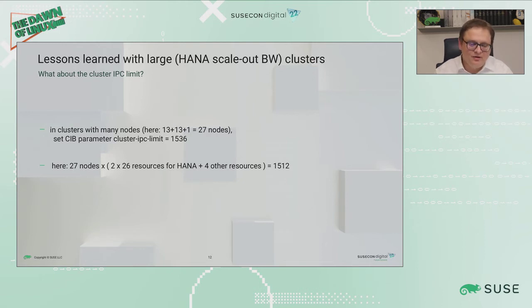All of this multiplied with the number of all nodes, which is in this case 27. This results in a value of 1512, and we just add a little on top of this and end up in this example with 1536.